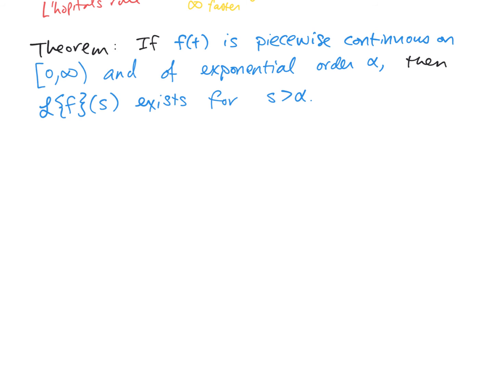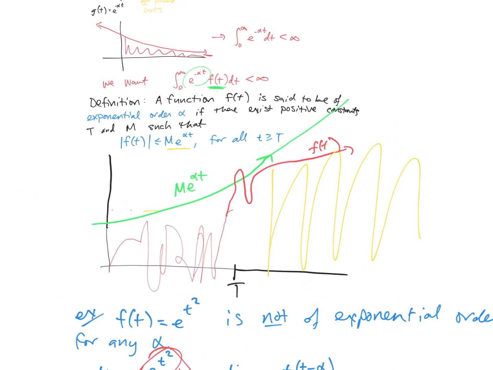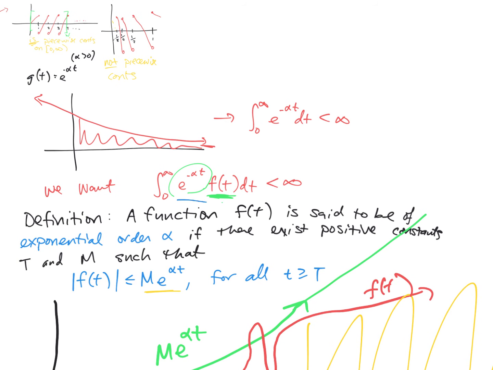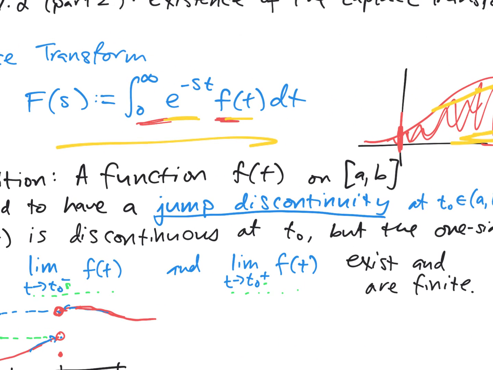So what's with this s greater than alpha business? Well, remember when I was giving this example over here, and I was talking about the definition of Laplace transform, I used an alpha, whereas the definition that we laid out before has an s. So the point is that if f is bounded by an exponential of size alpha, like an e to the alpha t, then when s is bigger than alpha, this part will make the whole integrand small.